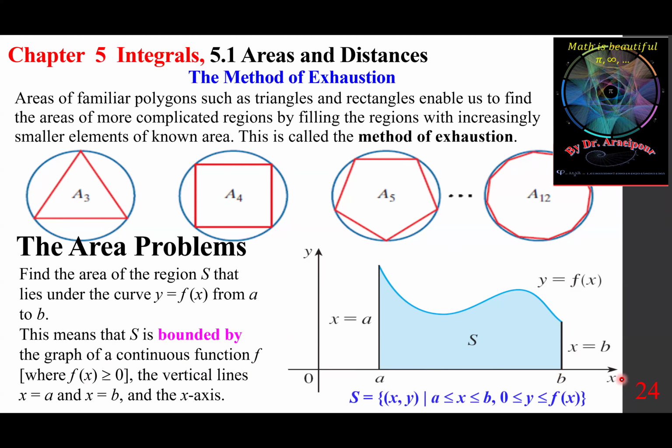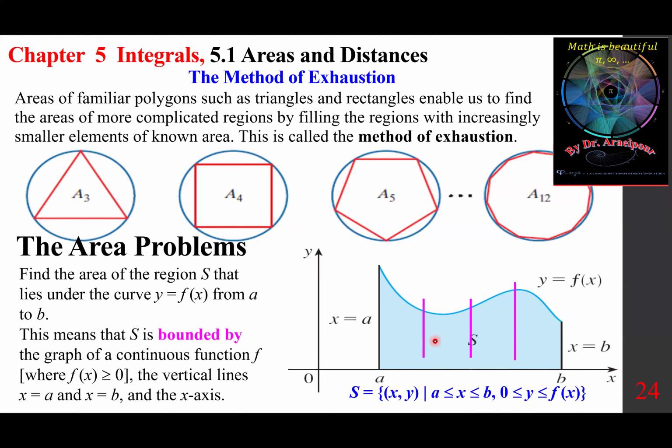Therefore, you're looking at this. S is the set of x, y such that x is between a and b, and y is between 0 and the function f of x. That describes this area.